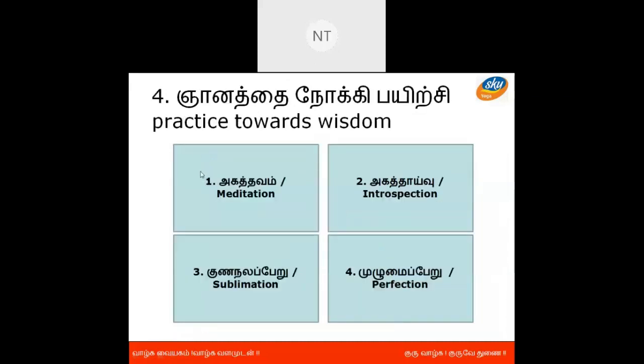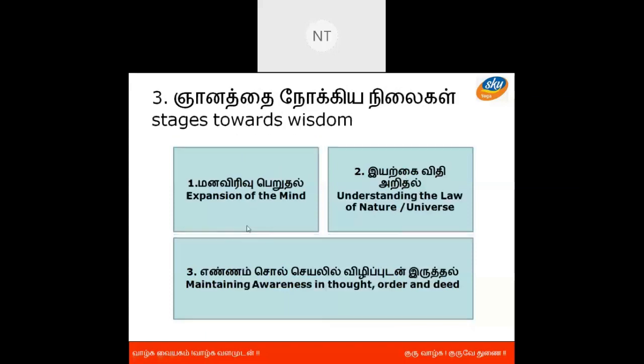And where we are going with all this, we have gone through from 10 up to now. Where we are going is to get the wisdom, how to practice towards the wisdom. This is why Swamiji has mentioned all the 4 items: meditation, introspection, sublimation, and perfection.